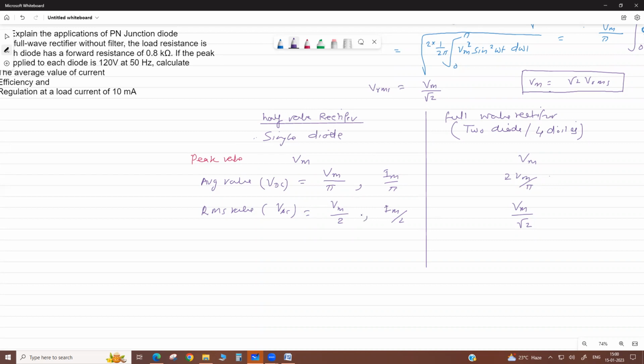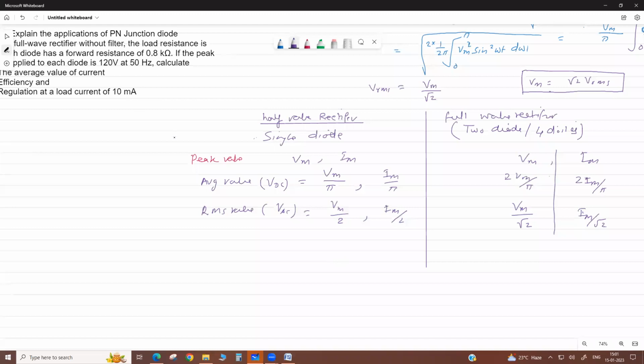For current also, here Im is the current peak value, this is 2 Im by pi, this is Vm by root 2. For current also it is the same. This is the AC.